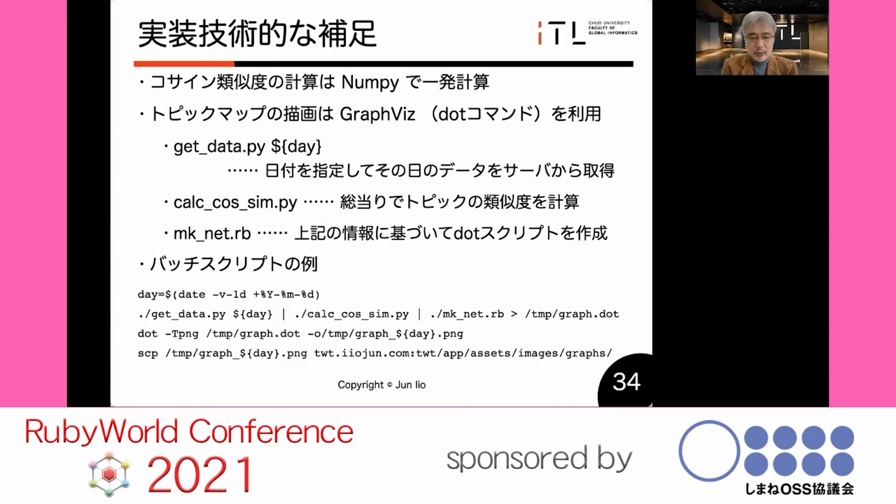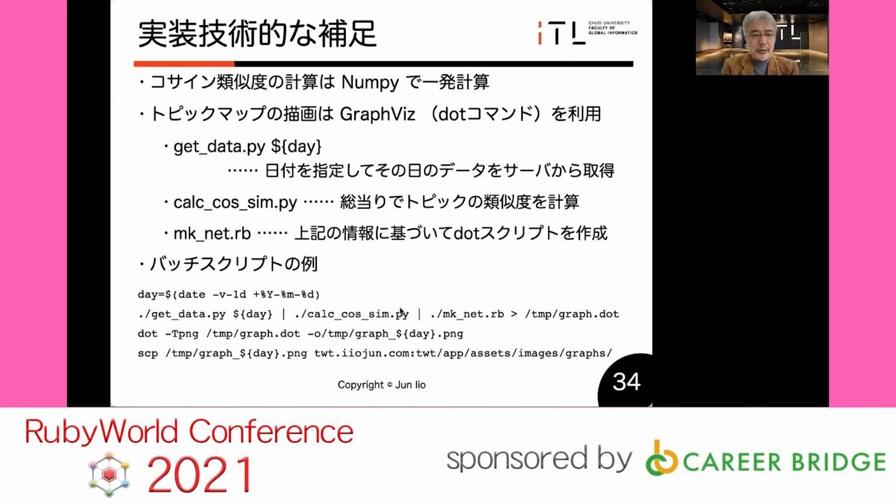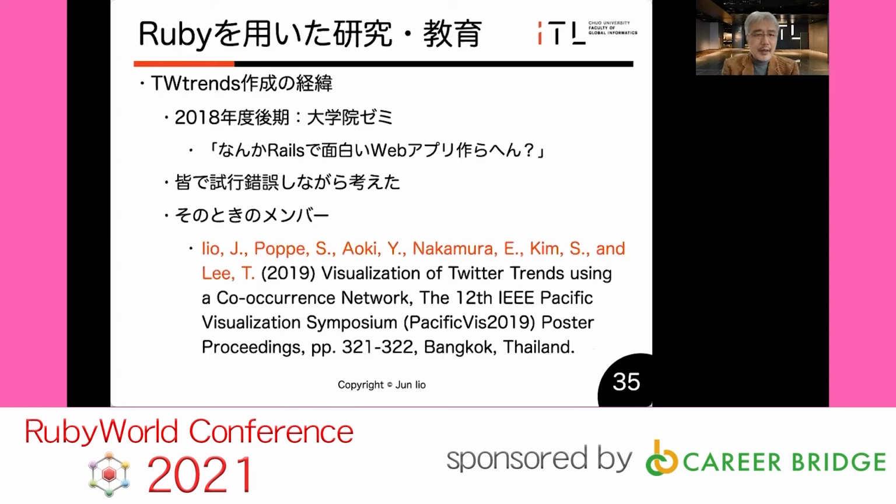Based upon this data, we create a dot script, but that's a Ruby program. And then, as you see, the batch script is copied with SCP, because at that time this part was done with a different computer, but now they're all on the same server.